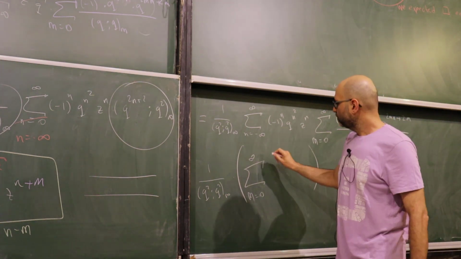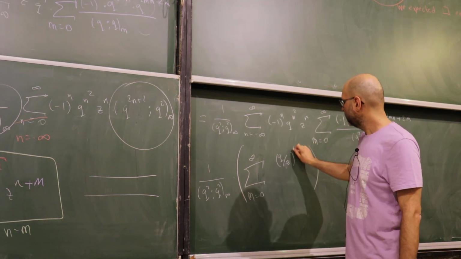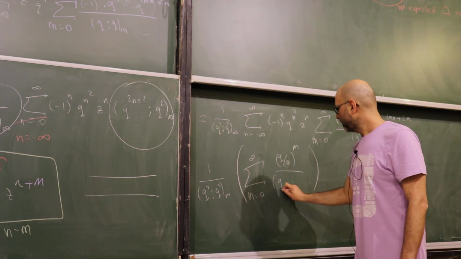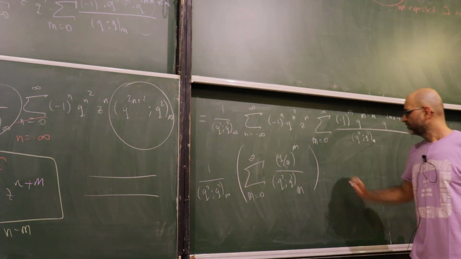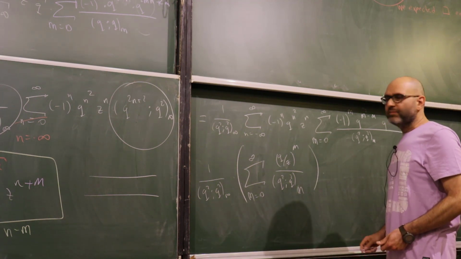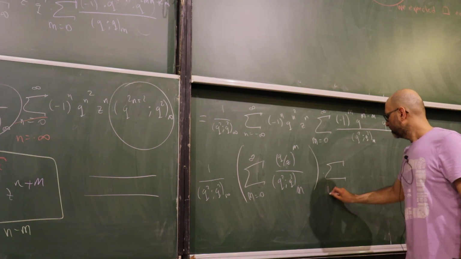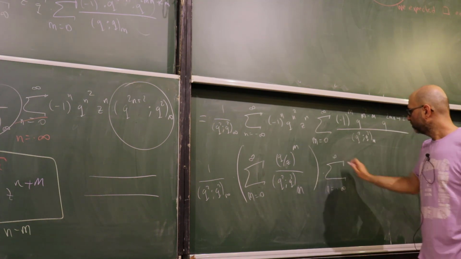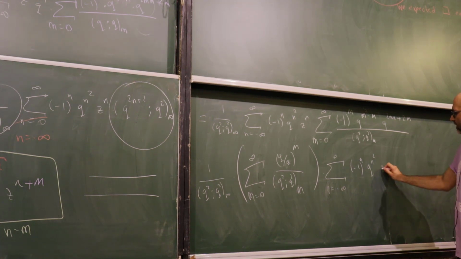What is it? Q to m, q divided by z raised to m, divided by q squared sub m, and a weird bilateral sum from n running from minus infinity to plus infinity, minus 1 to n, q to n squared, z to n.